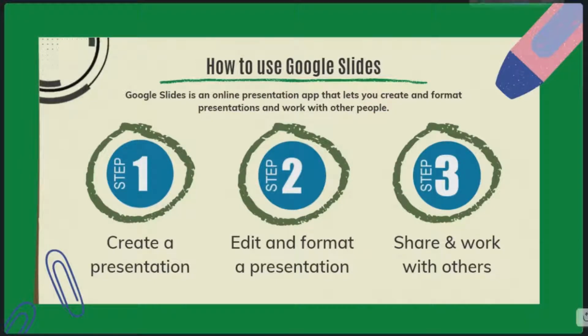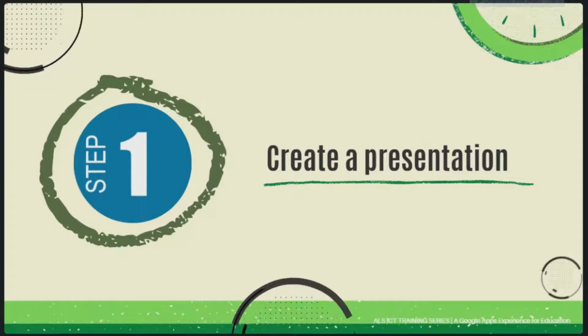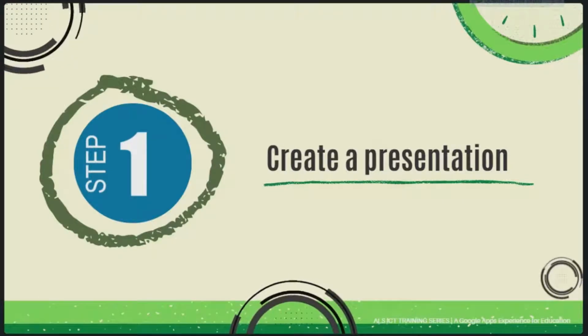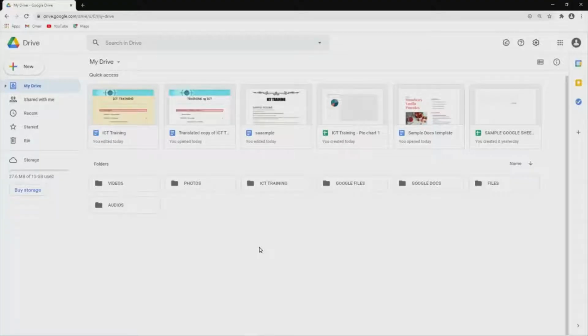Alright, so first is creating a presentation. The first step is creating and opening Google Slides. From your Google Drive, same as Google Docs, there are many ways of opening and creating a Google Slide.